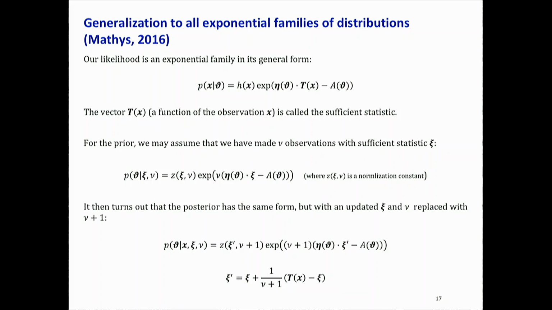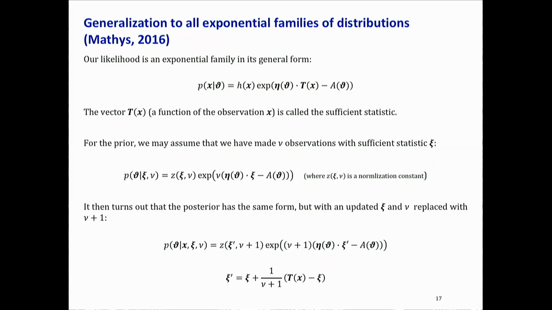And the posterior has the exact same structure as the prior. So this is as the prior here. So this is a conjugate prior. All that changes is that psi is replaced with psi prime, and nu is replaced with nu plus 1.